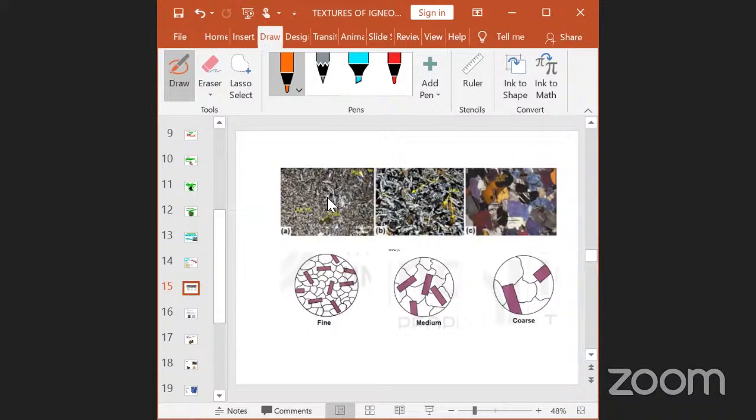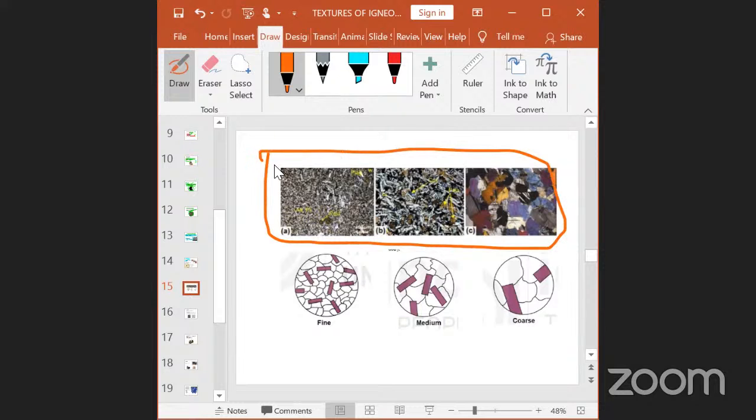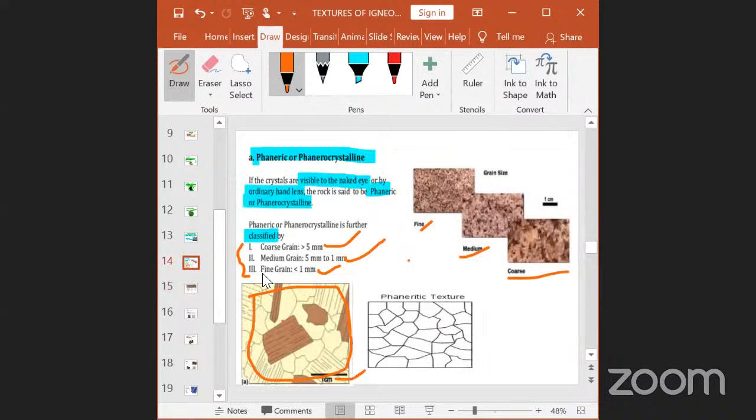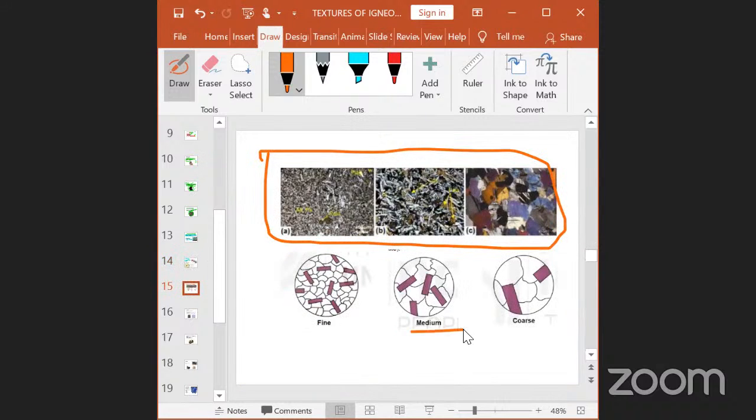Other pictures you see, okay? These are the microscope pictures, right? So you see fine grain. This is fine grain texture, and this is medium grain texture. So this is coarse grain.